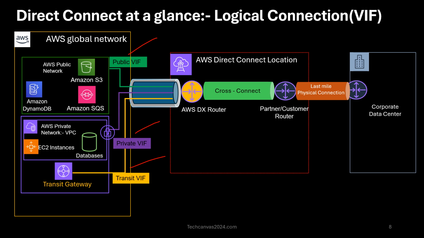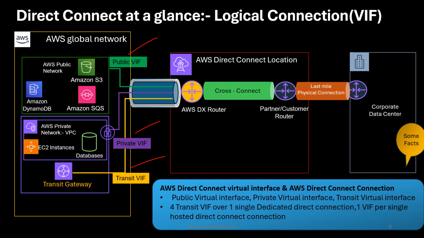Then there is the transit VIF. The transit VIF allows access to one or more Amazon VPC transit gateways associated with the Direct Connect gateway. Here is the fun fact. Over a single dedicated Direct Connect connection, multiple transit VIFs are allowed, and on the hosted connection there is a 1:1 ratio. That is the current limitation on hosted connections.